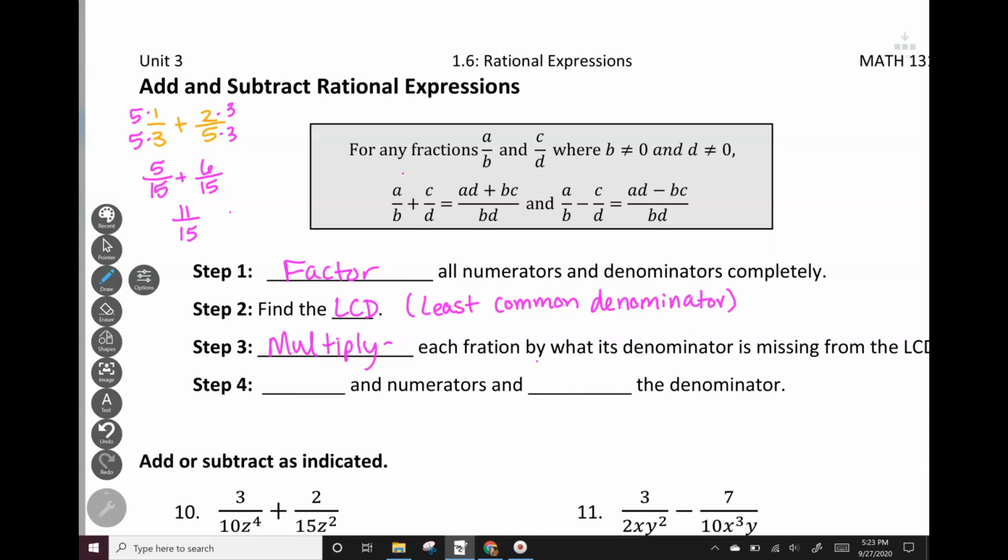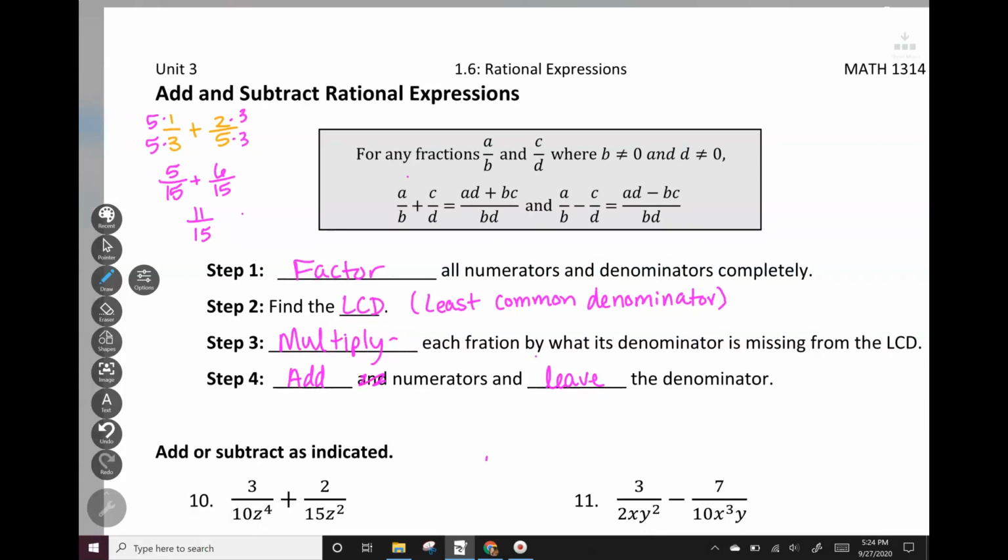Step 4, add numerators, and leave the denominator. So just add the numerators and leave the denominator. All right, let's see how that looks.